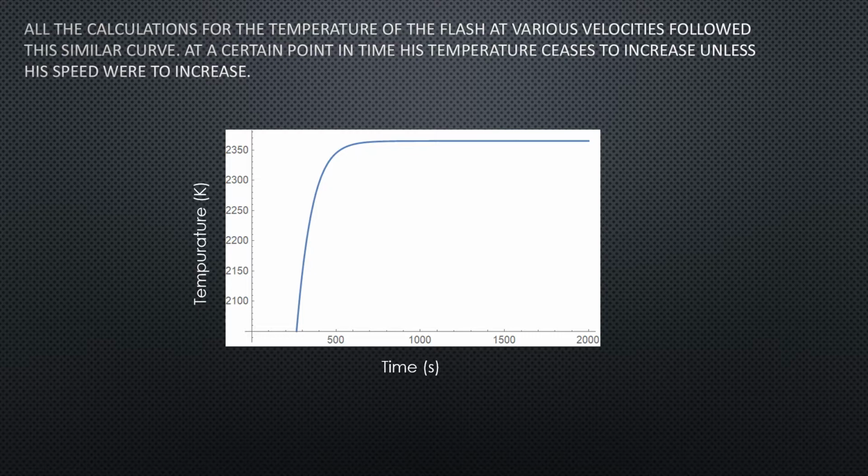However, at lower speeds, it took them a little bit longer to get to that plateau that you see at about 800, 900 seconds. The faster he were to run, the quicker he would get to those extremely high temperatures and reach that plateau.